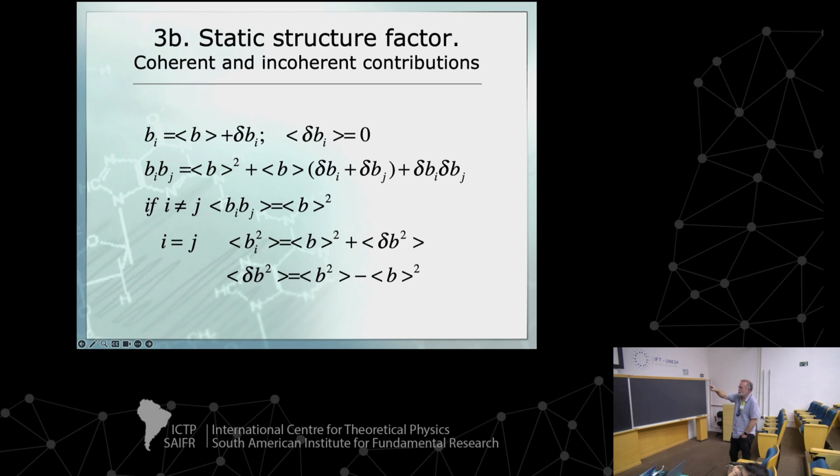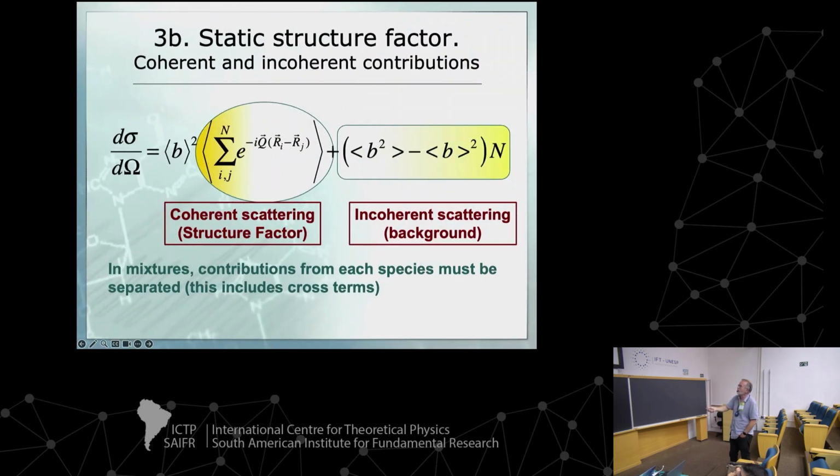Well, this is simply some manipulation of how you can express the scattering length, b, in terms of an average, which is actually the quantity you will be using, and a fluctuation term. And in the end, you end up with this.